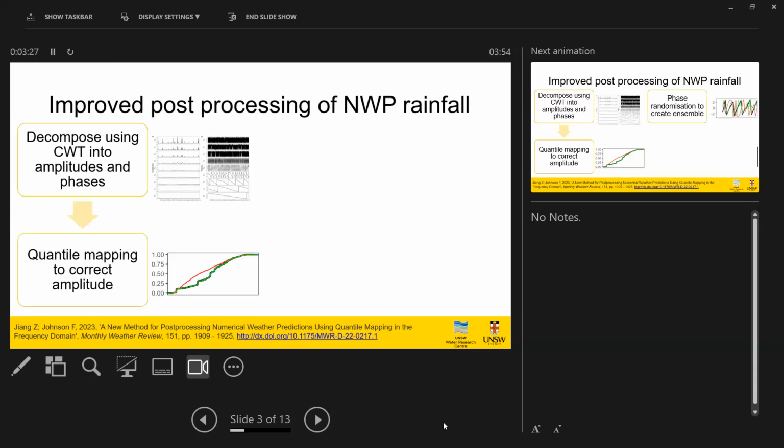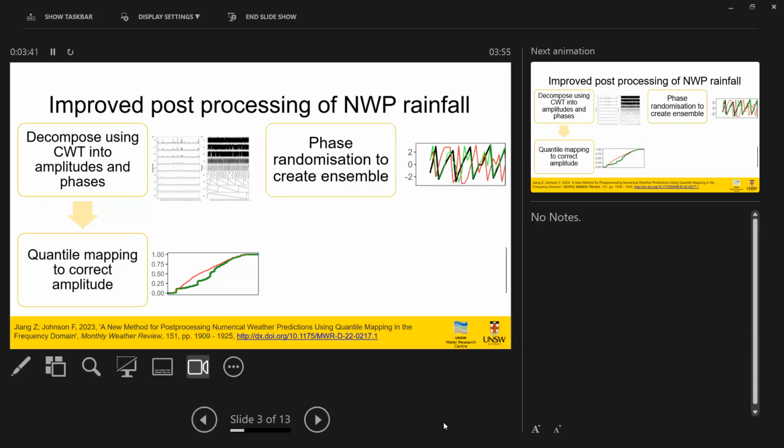So what we do is divide our time series of rainfall, forecast rainfall, up into a whole range of different spectral decompositions. And then in each one, we quantile map so that we're correcting the distribution of those. Then the cool thing is that we then use the phases or the timing of the rainfall amounts within the spectrum to create an ensemble of forecasts, because at the moment this works quite well.